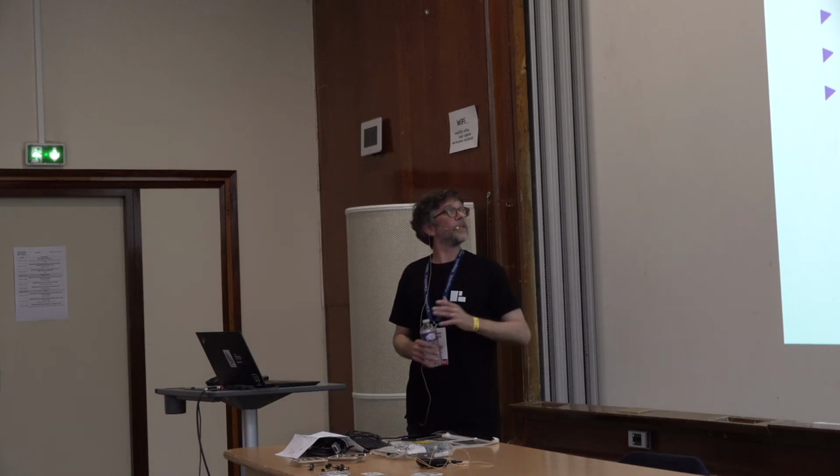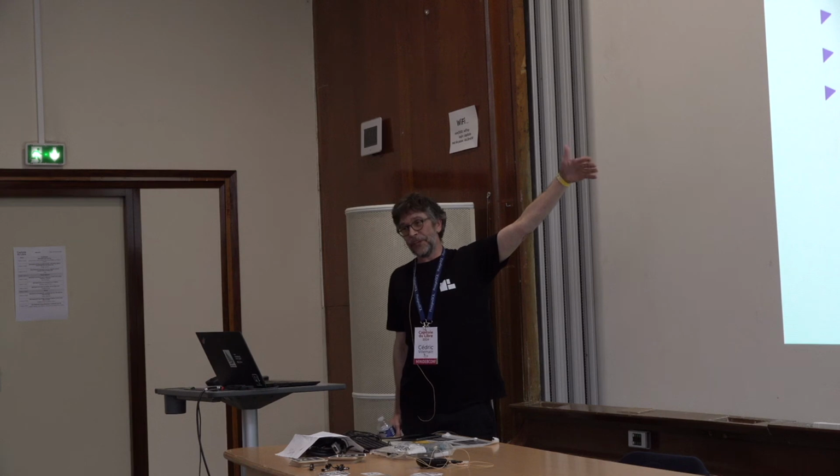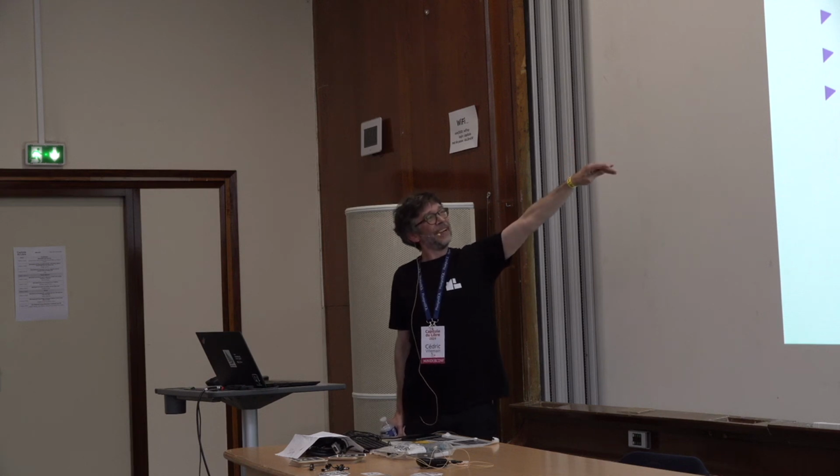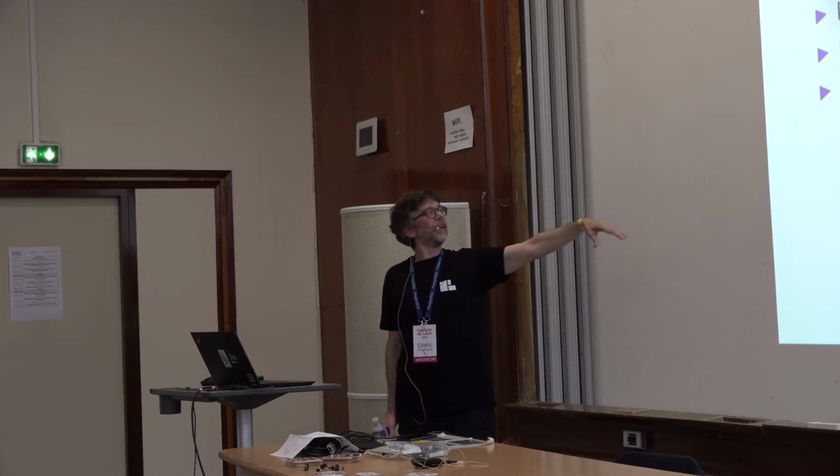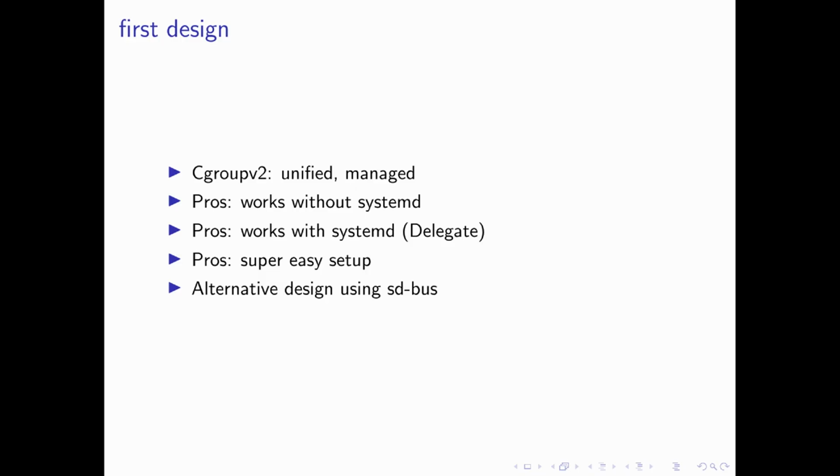So I chose cgroup v2 because it's more modern, there's systemd, and it works with and without systemd. It's super easy to set up. And the alternative design, I mean, when I'm saying I do it like this, it means that I'm just going to echo to files, create layers and all inside my process.